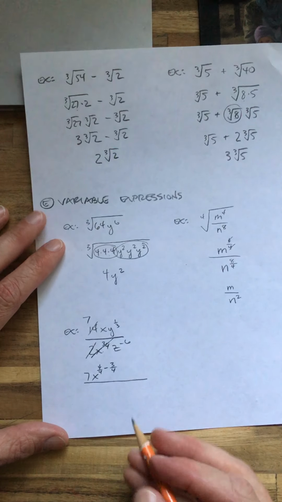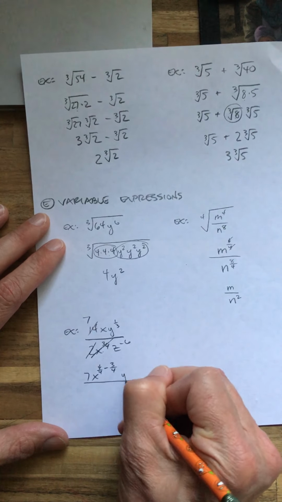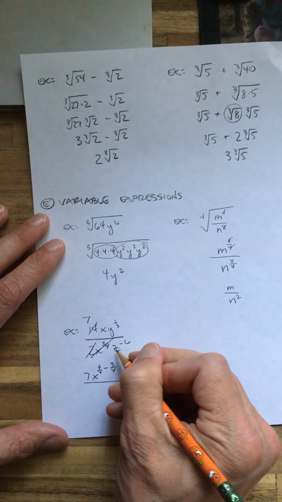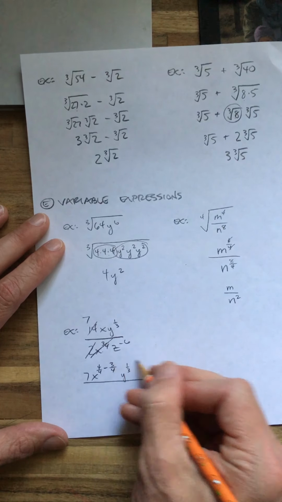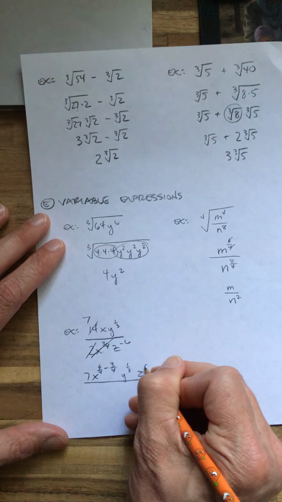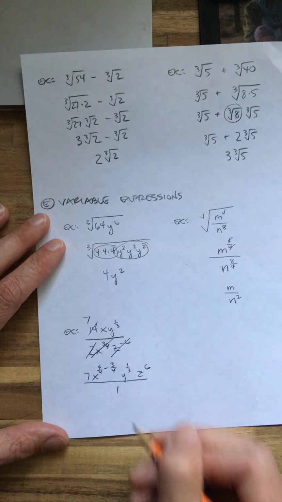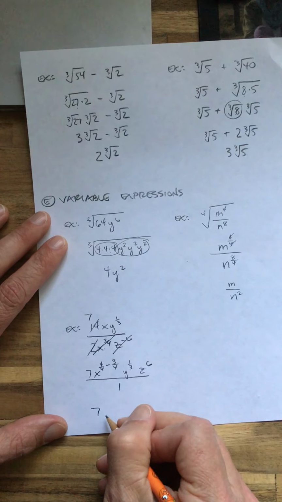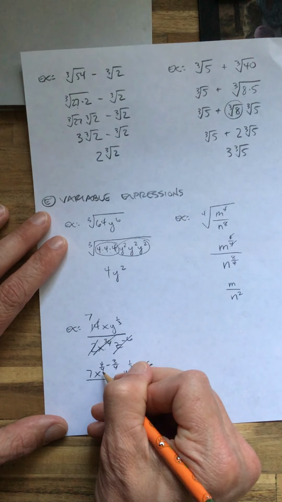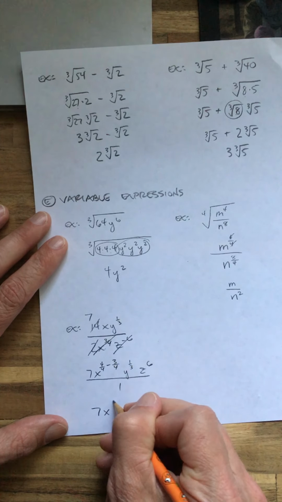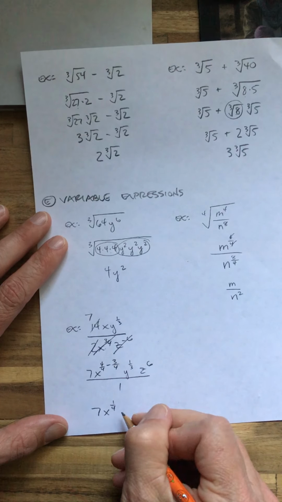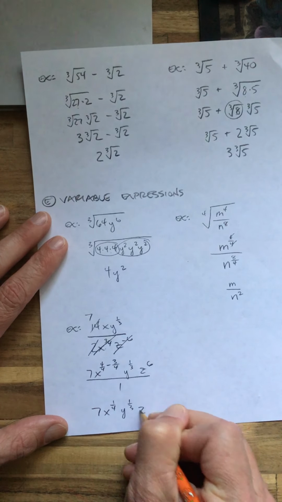All right, and then we have a y to the 1/3, and we have a z to the -6 down here. I'm going to bring it up to the top, so it's z to the +6. And everything in the denominator is gone, it's just a 1. So now I have 7, and then x to the 4/4 minus 3/4 is 1/4, so x to the 1/4. We have y to the 1/3, and we have z to the 6th.